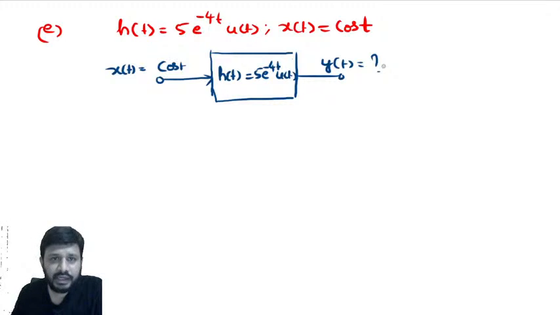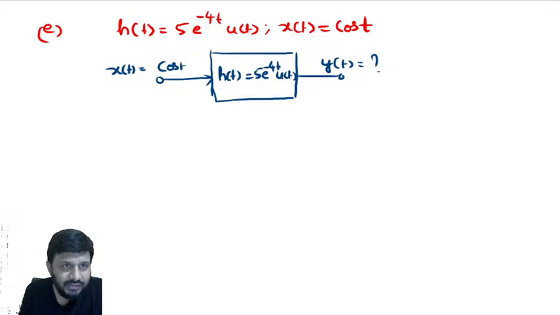We know that given input and impulse response, output is nothing but convolution of input and impulse response. Convolution in time domain is equivalent to multiplication in S domain. But can you calculate the Laplace transform of cos t?